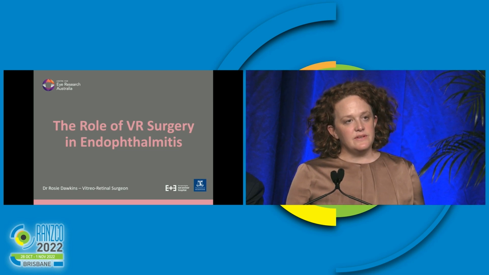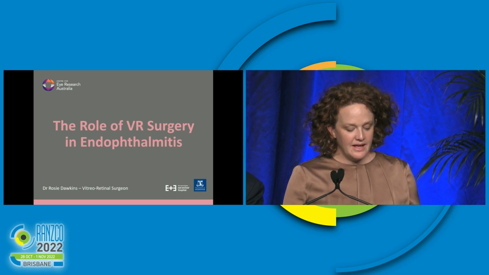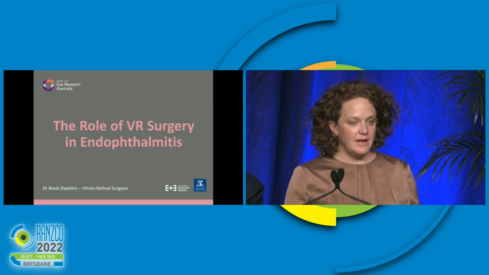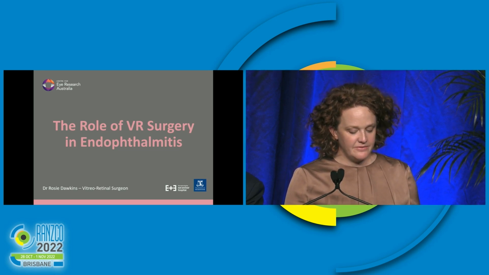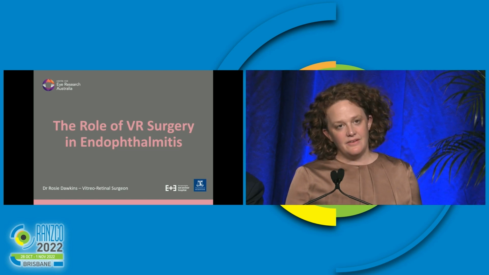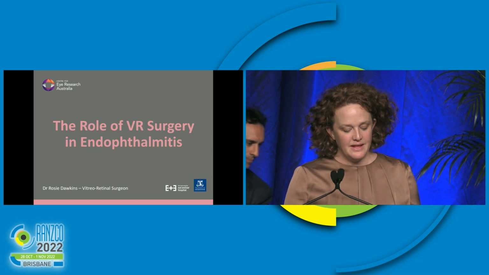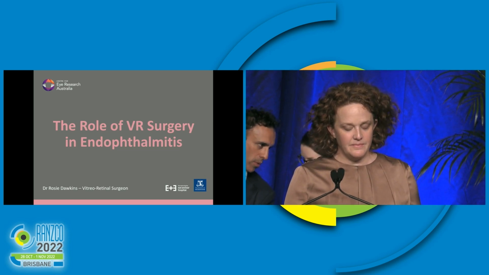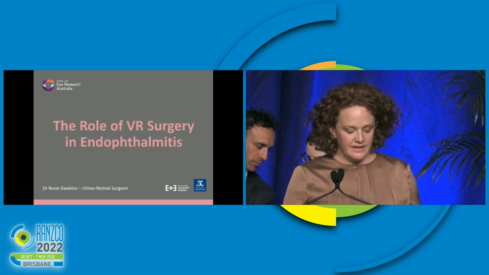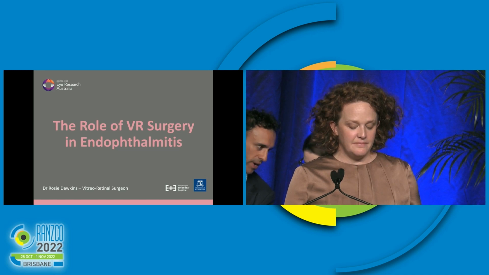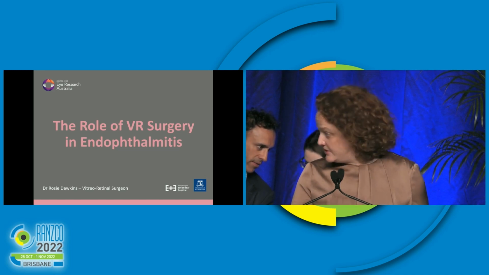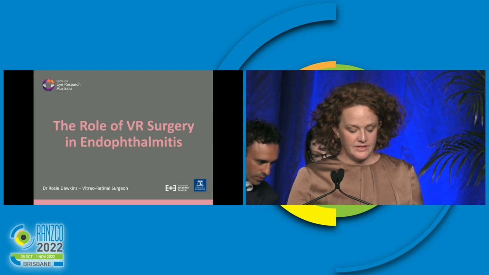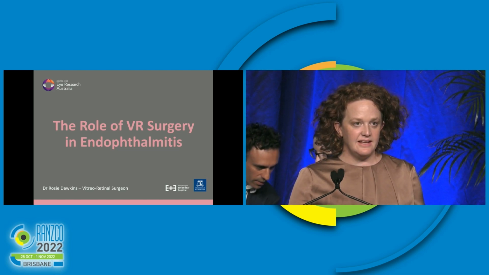So I guess there are also some special cases. The fungal case, whether you should perform a vitrectomy in fungal endophthalmitis, I think everyone knows the answer to that. But that is distinct from bacterial endogenous endophthalmitis, and really the very poor outcomes that Louis showed with gram negatives showed that early vitrectomy is something that we really need to consider.